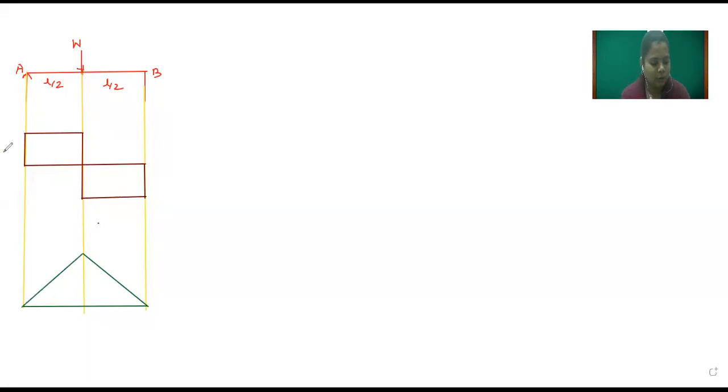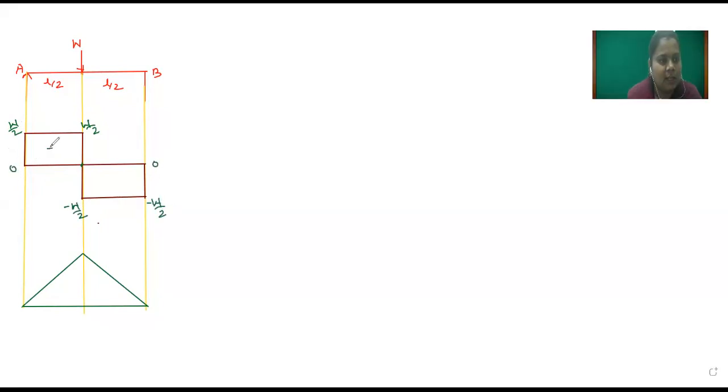So shear force at point A, the value of shear force is W by 2. Here again W by 2. Here minus W by 2, here minus W by 2, and here 0.